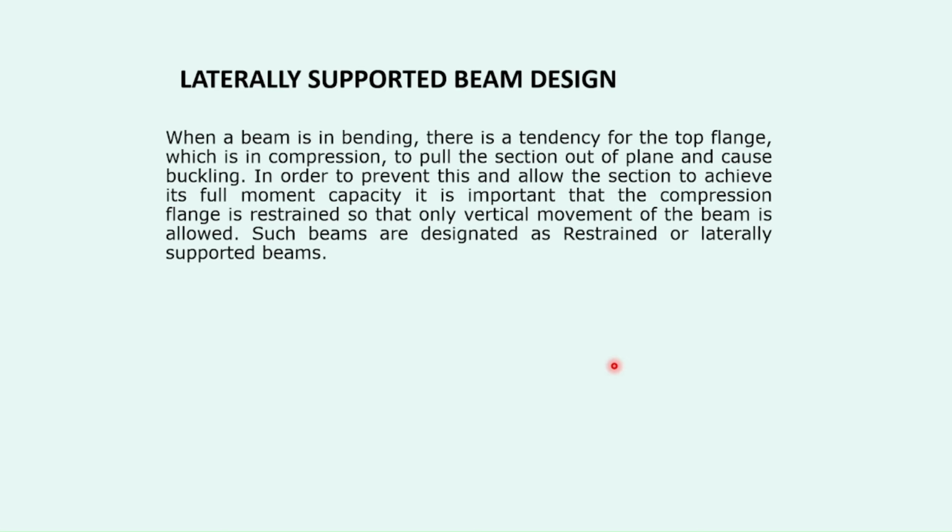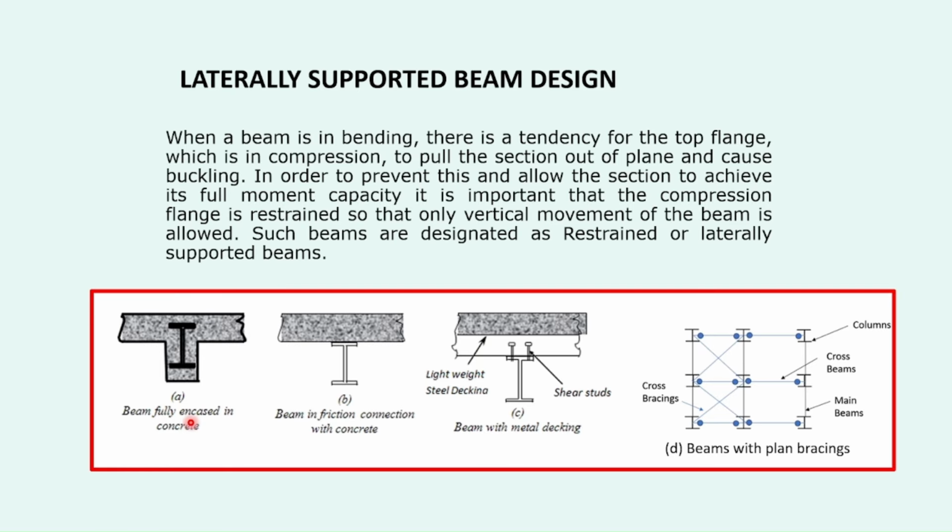Now, how to restrict the beam's lateral movement? There are many ways to restrain the beam laterally. In the figure you can see the beam is fully encased in concrete, so this will restrict the movement in the lateral direction.